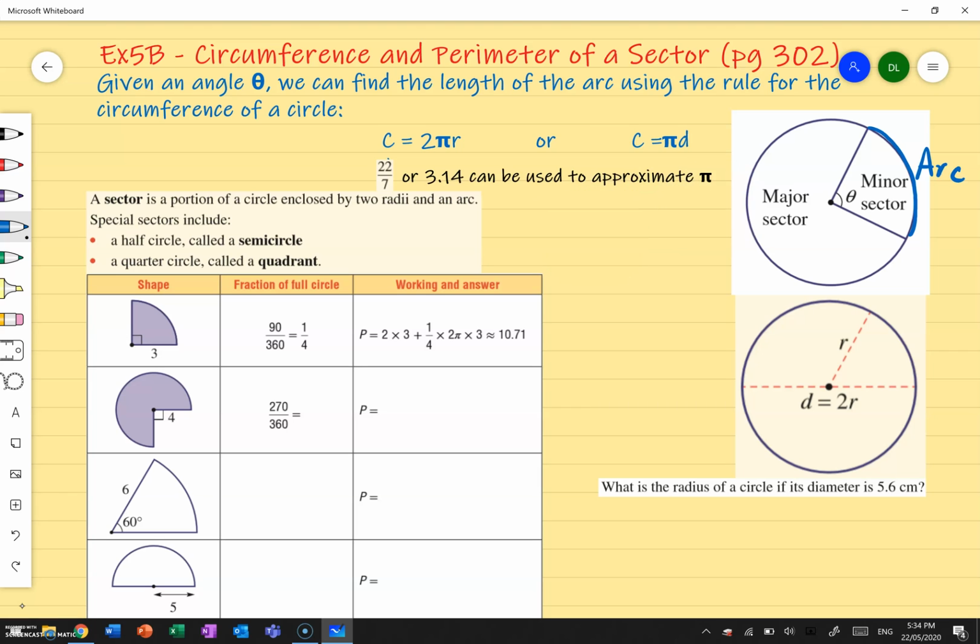If the question says give me the exact value, you would just use pi. If you're approximating, for example with a calculator, then you'll use 3.14 or 22/7. They're both valid.